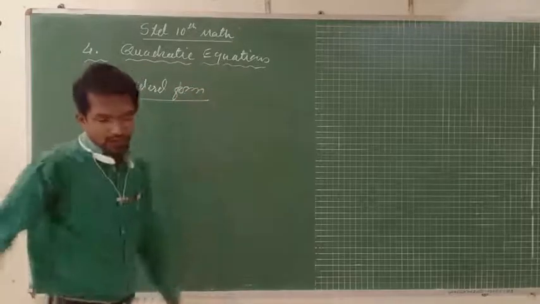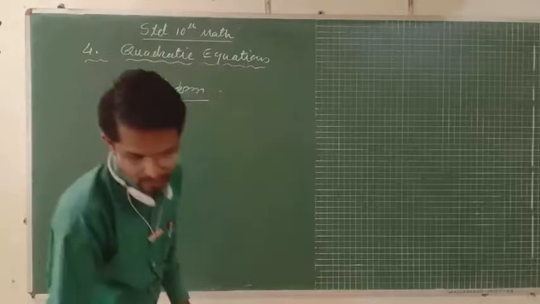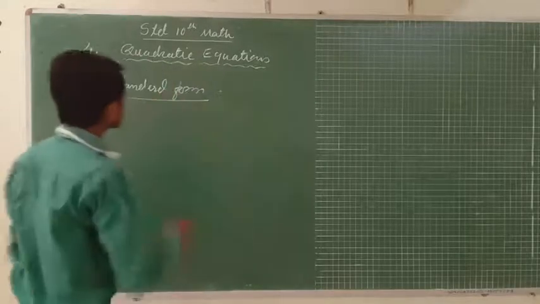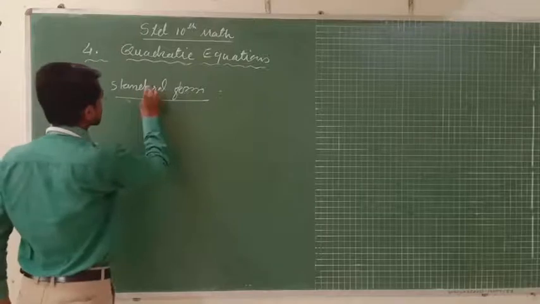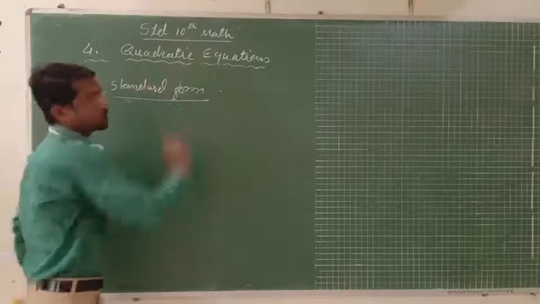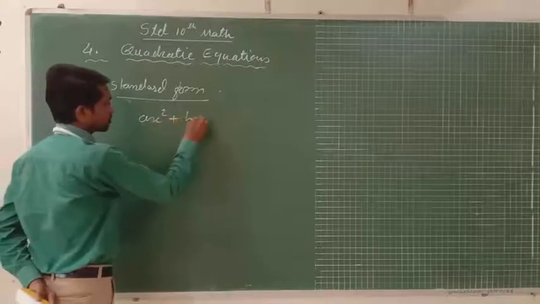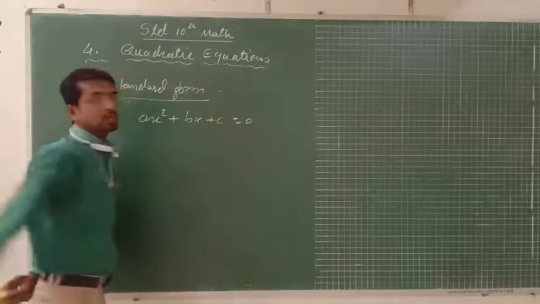See, standard form of the equation is that we can say that, okay, standard form of quadratic equation is what? That is ax square plus bx plus c is equal to 0.